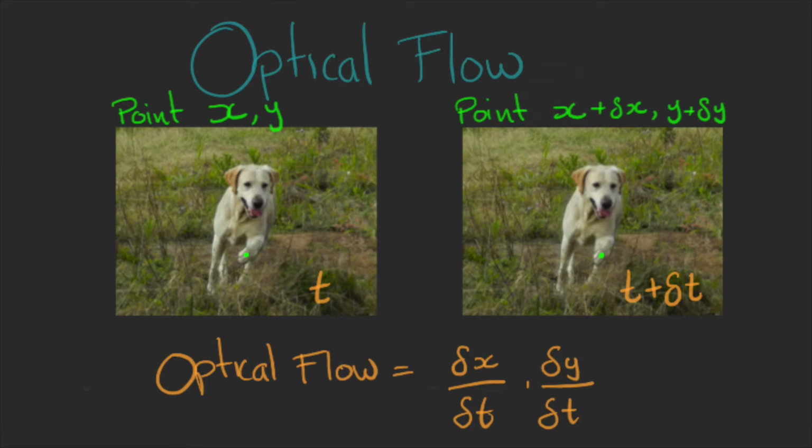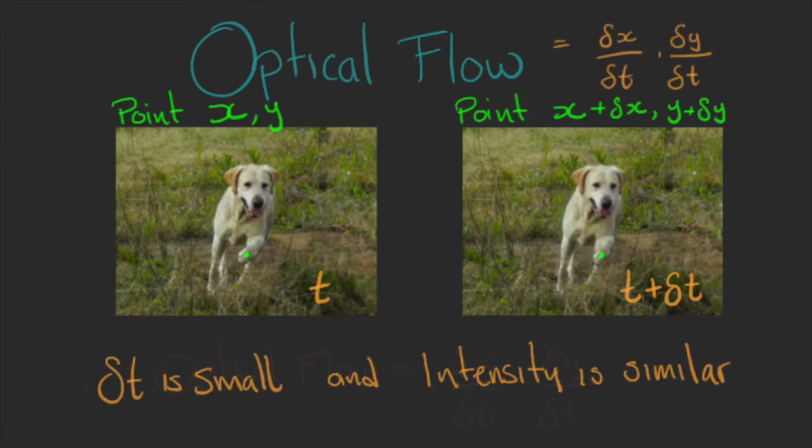This works under two closely related assumptions. The first one is that delta t is really small, so the pictures are close to each other in time, and the second is that the intensity values of the region of interest do not change. In other words, the paw should keep the same structure and intensity between the two images.